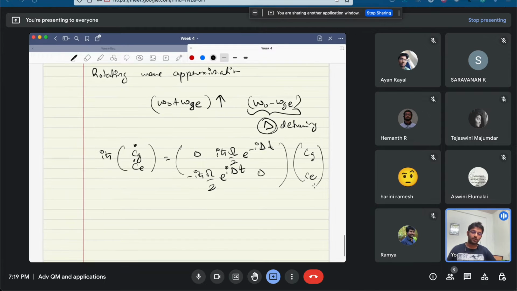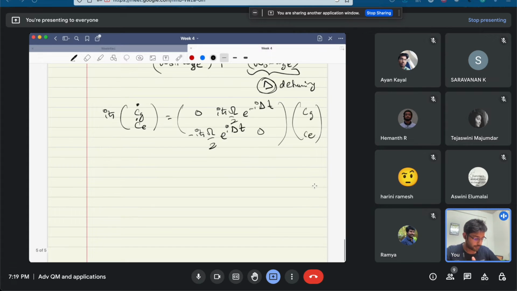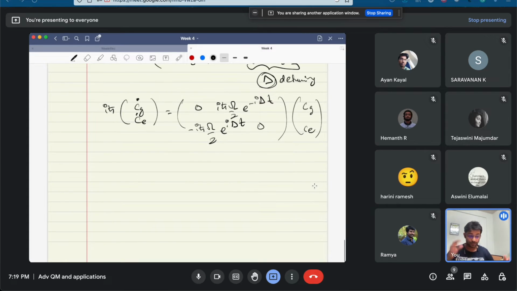Now this is still not a very easy or elegant way to solve, because you can see that there are complex exponentials. In order to reduce this further, you can use some tricks, like taking this Cg or Ce as a substitution.